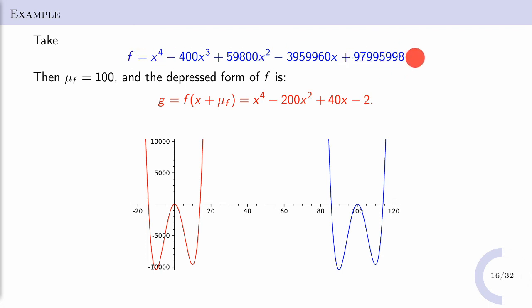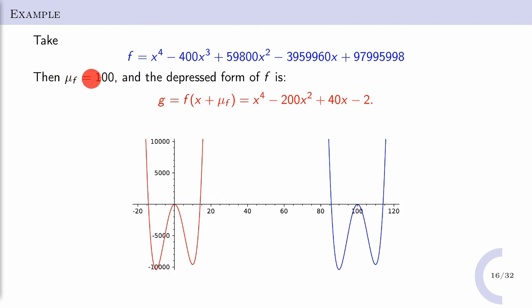If we look at the coefficient at x cubed and recall the previous lecture, the mean of the roots is 400 over 4 with the sign changed, so the mean of the roots is 100.